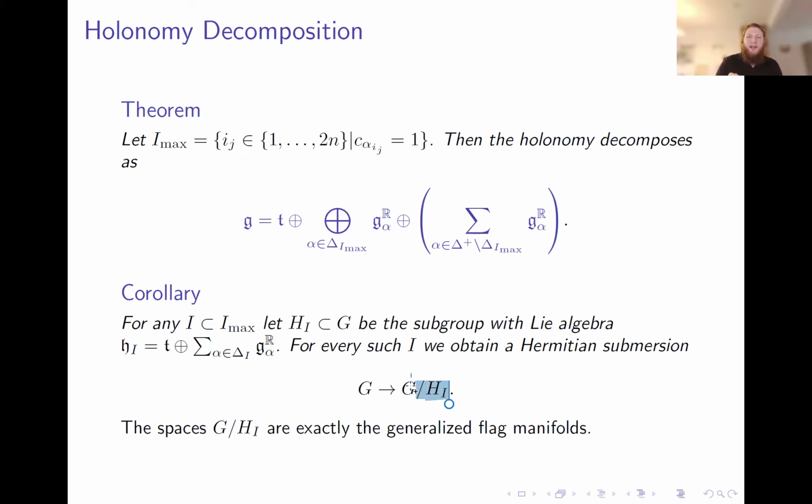Now these G mod HI are exactly the generalized flag manifolds. However, when we talk about generalized flag manifolds, what you usually think of is the metric induced from the bi-invariant metric. That would be a Kähler metric. But here we still have some of these scalings preserved. So these might be generalized flag manifolds, but not with the Kähler metric.